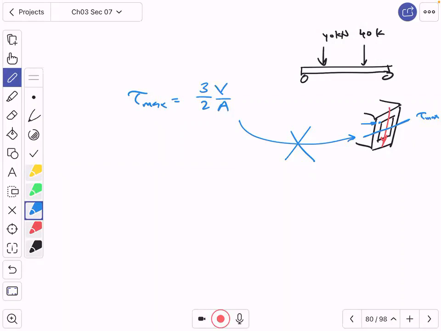If you go back to the lecture, you will find a table. This table has 4 geometries. One of them is a solid circle, a cylindrical shape. The other one is a hollow cylindrical shape.